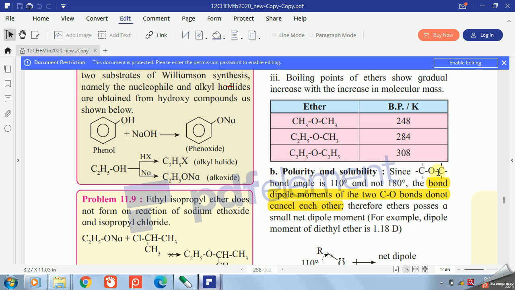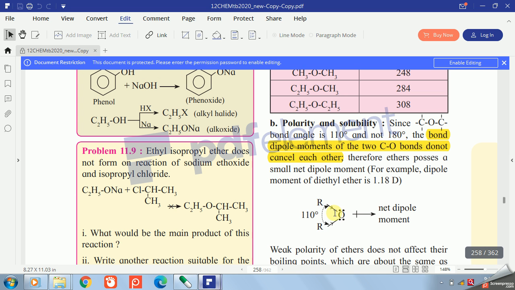Since the COC bond angle is 110 and not 180, they are not linear. The bond dipole moments of the two CO bonds do not cancel each other. They are not at 180 degrees. The bond angle is different. If you observe this structure, the bond angle is like this.